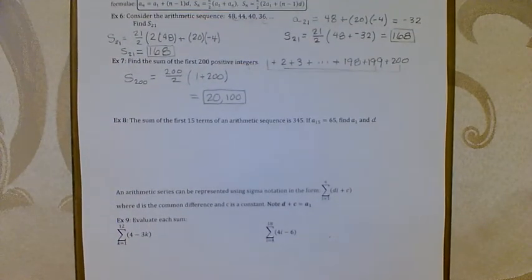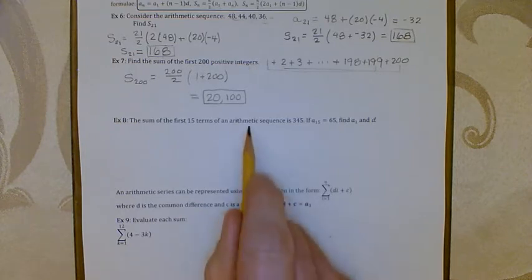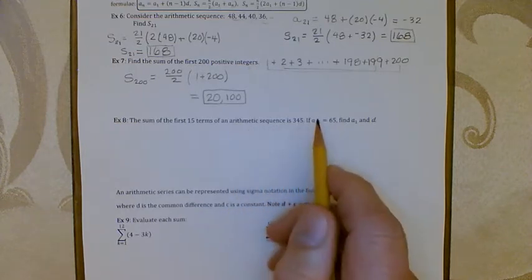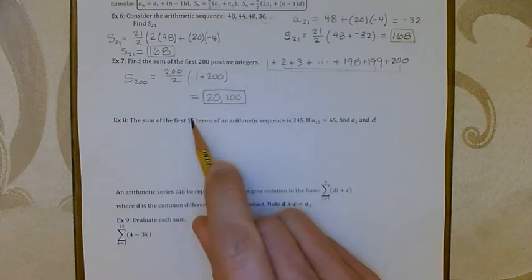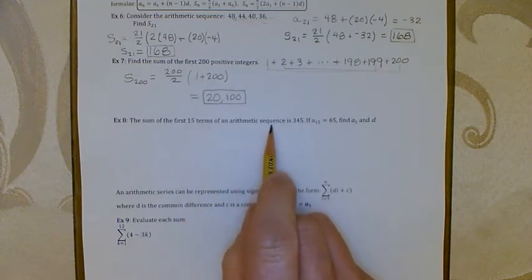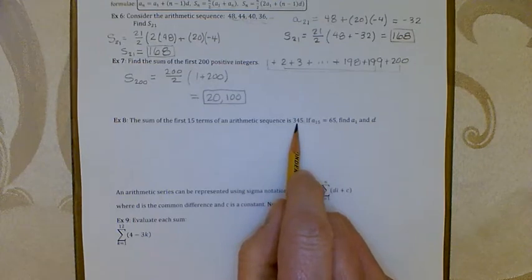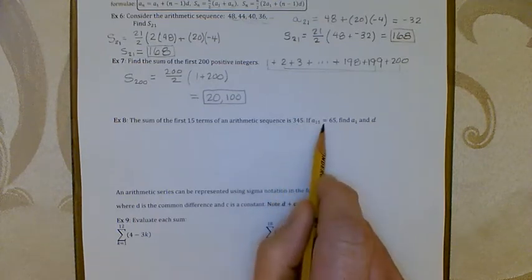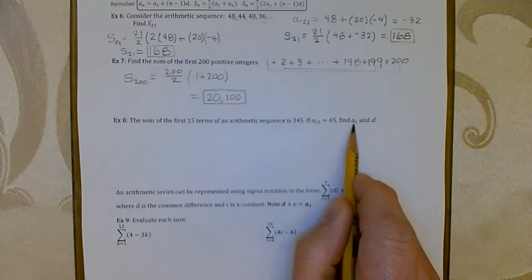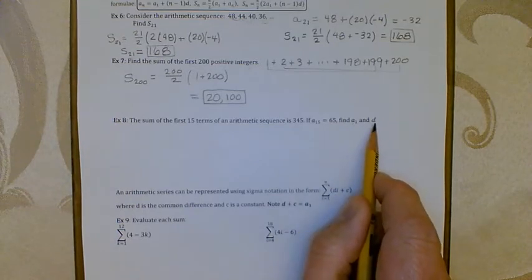Okay. Next one, number 8. Find the sum of the first 15 terms of the arithmetic sequence. The sum of the first 15 terms of the arithmetic sequence is 345. So this time we know the sum, and they want us to find the first term and the common difference.